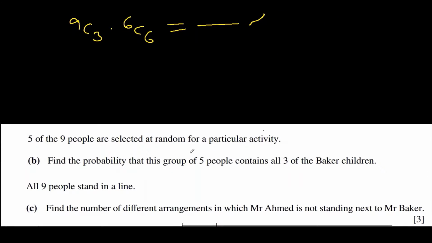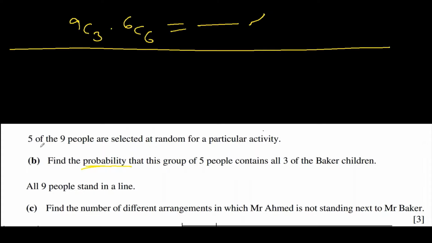5 of the 9 people are selected at random for a particular activity. Find the probability that this group of 5 people contains all 3 of the Baker children. Okay, that is the B part. 5 people are selected. So 3 of the Baker children, they are there.